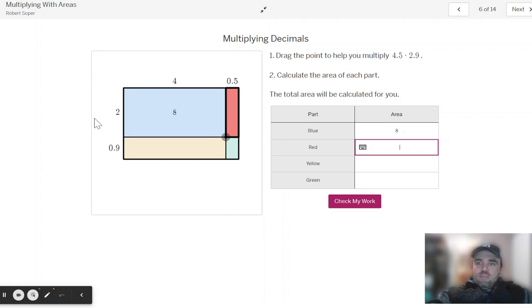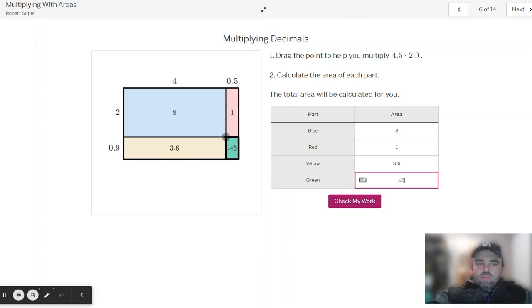I love how it does this. 2 times 5/10. 2 times a half is 1 whole. 9/10 times 4 is 3 and 6/10. And finally, 9/10 times 5/10 is 45/100.